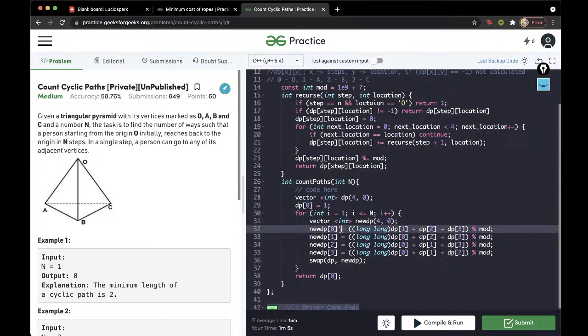So you just calculate these, and you need to get rid of the old dp, right? Because you don't need the old dp with step minus 1. You just need the one with the current step. So I just swap new dp and dp, so dp becomes whatever we have calculated right now. And after the n steps we just have to return dp of 0, which will tell you the number of ways to go to 0 after n steps.